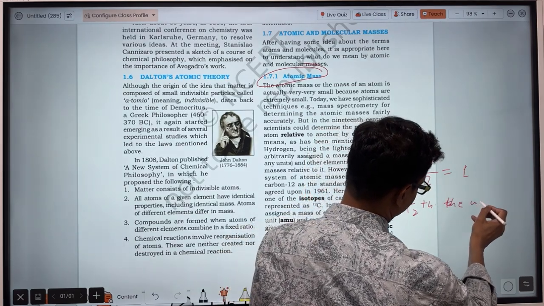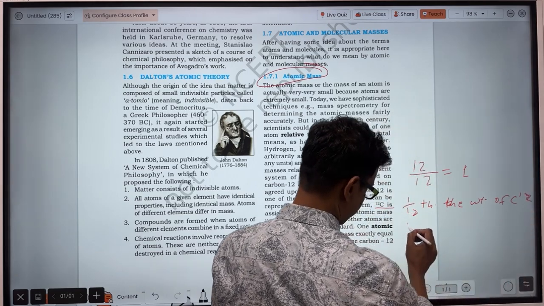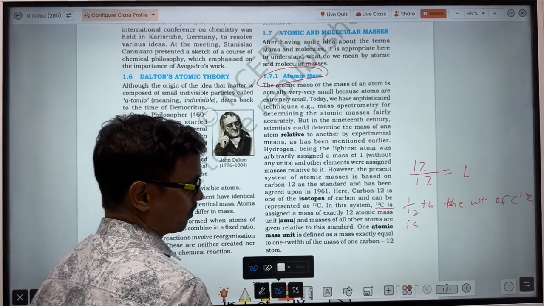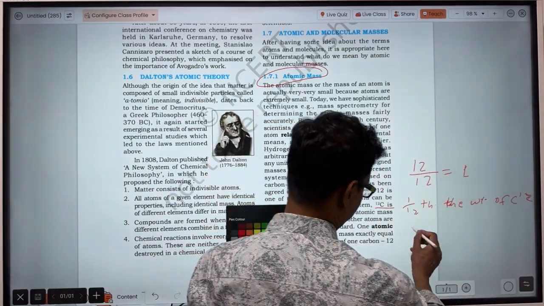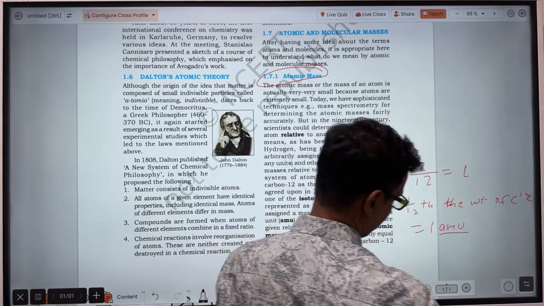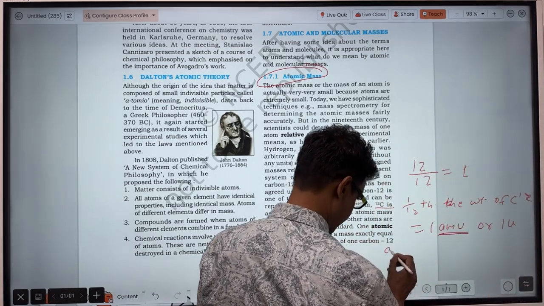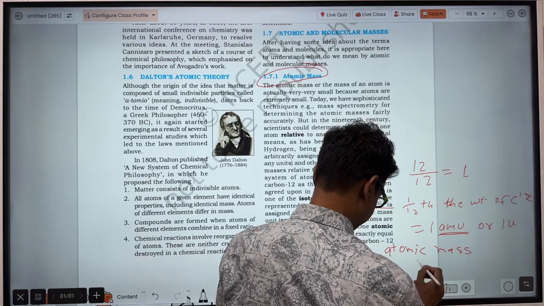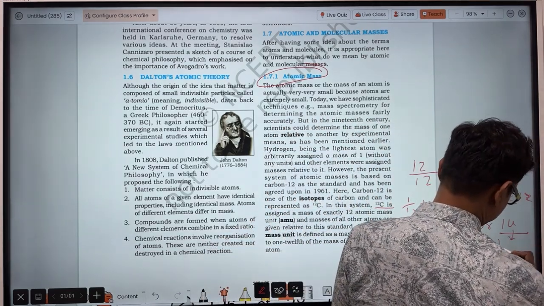the weight of carbon 12 is equal to 1/12 the weight of one atom of carbon, that is equal to 1 AMU, atomic mass unit, or nowadays it is used only as U. 1 AMU means atomic mass unit, and 1 U means unified mass.